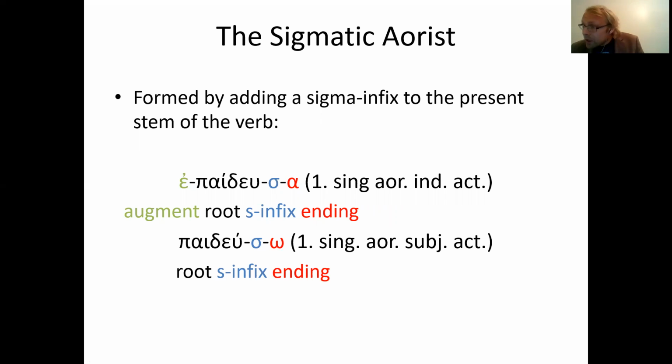Further, the aorist indicative, just like the imperfect forms we have looked at before, typically also take an augment, which in the normal case, that is when the stem of the verb begins with a consonant, is represented by an epsilon. In the first person singular, the aorist active indicative of our paradigmatic verb paideuo with the root paideu thus becomes epaideusa, I educated.